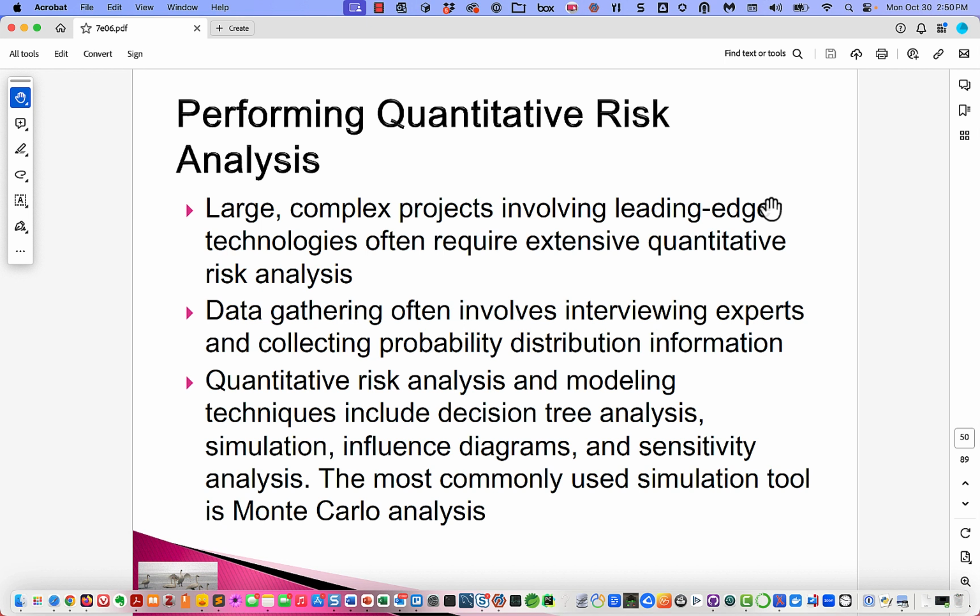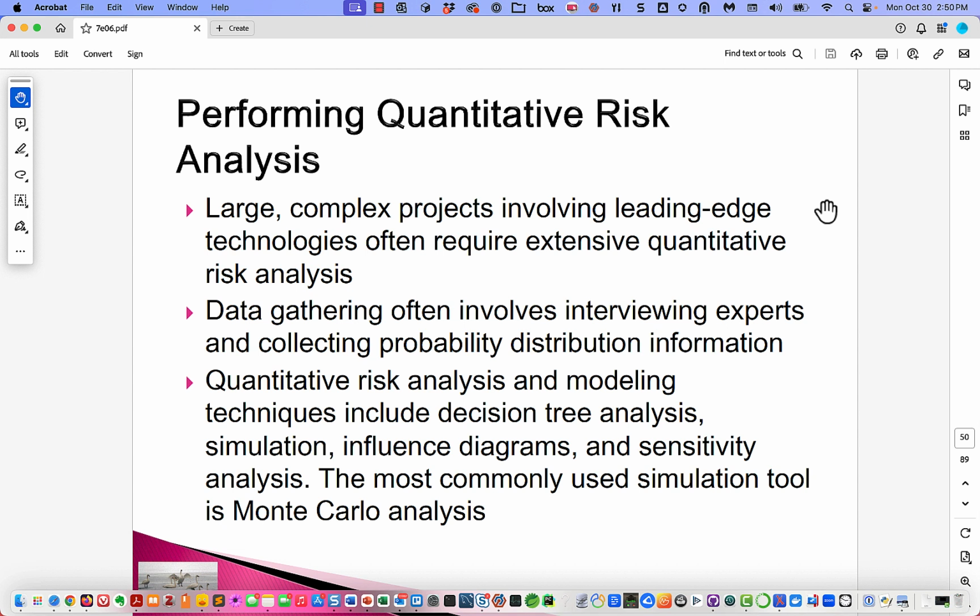Okay, so even though there was a graph there, that was qualitative. Now we're going to talk about quantitative. Large complex projects involving leading edge technologies often require extensive quantitative risk analysis. Data gathering often involves interviewing experts and collecting probability distribution information.